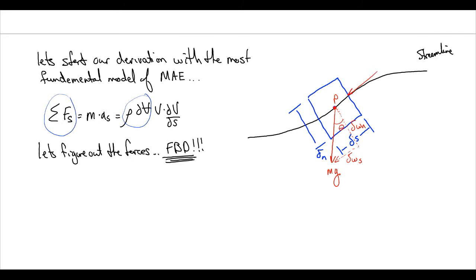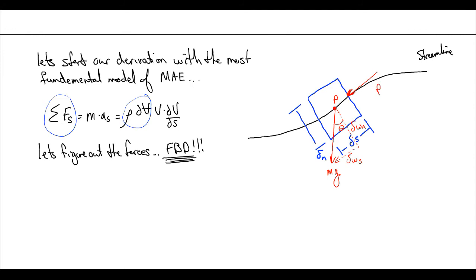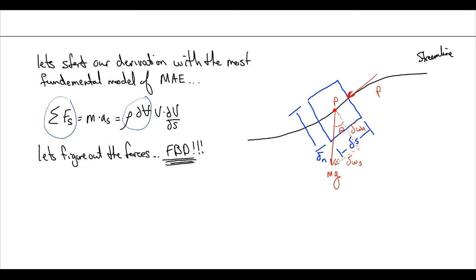I'll do streamwise, facing in this direction. And it is going to be equal to our pressure. We always start with our pressure in the middle. And remember, in our differential volume, we assume that the pressure changes linearly across our volume, because it's so small, right? It doesn't matter how fast it's changing, how curved it is. We've chosen a small enough volume that we can approximate it as a line.